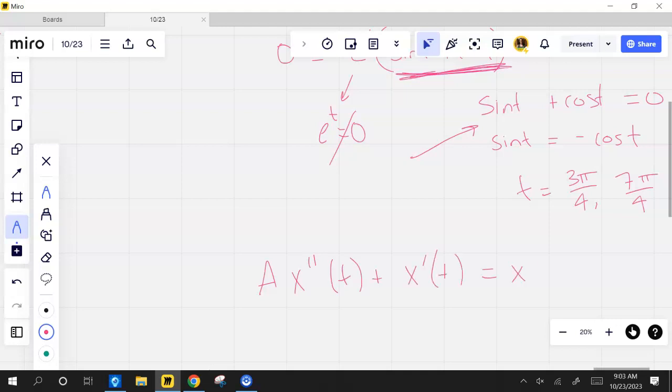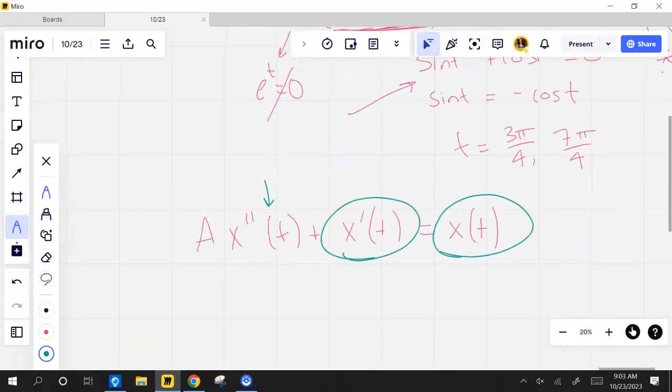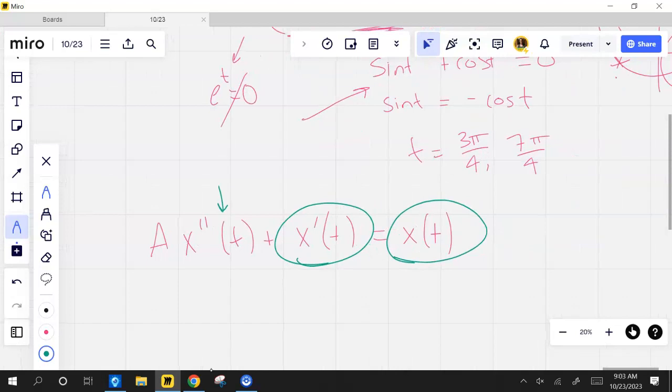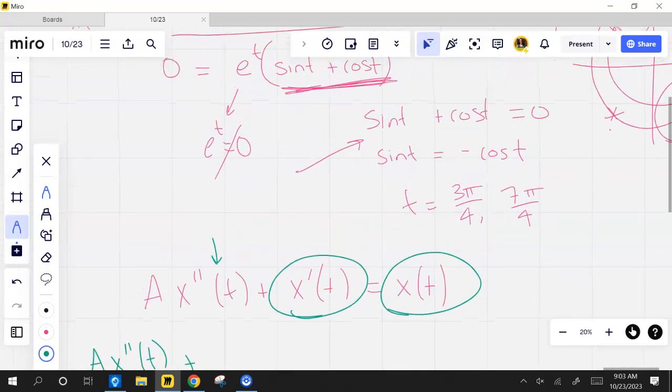I have already found, so if you look at this, it looks quite intimidating, but I already found this. This was given to me. I just have one more thing to find, and really that's just acceleration, right? All right, so let's plug in what we know, and then I'll come back to what I need to find. So I've got a times the second derivative plus the first derivative I found to be what?